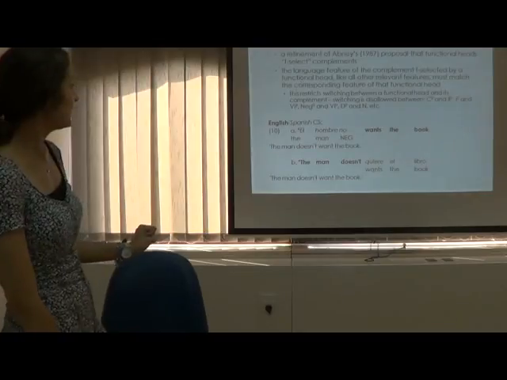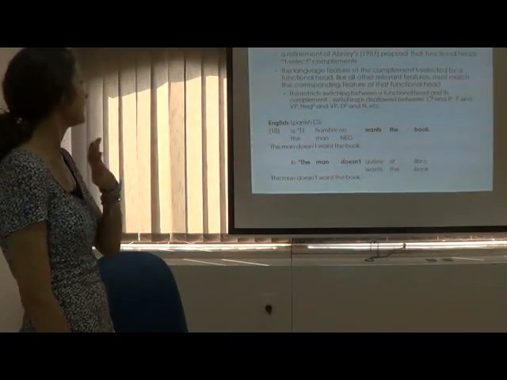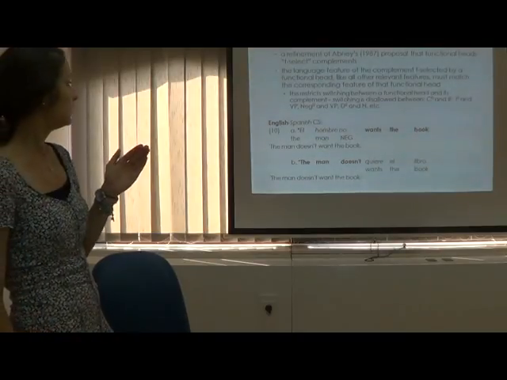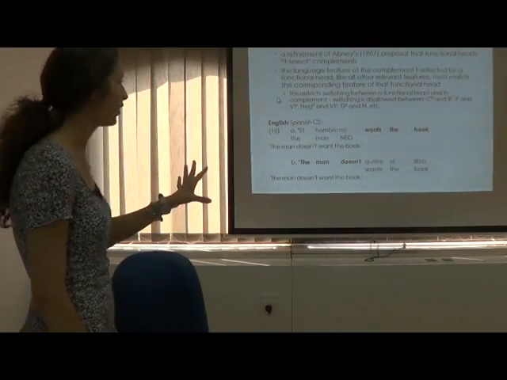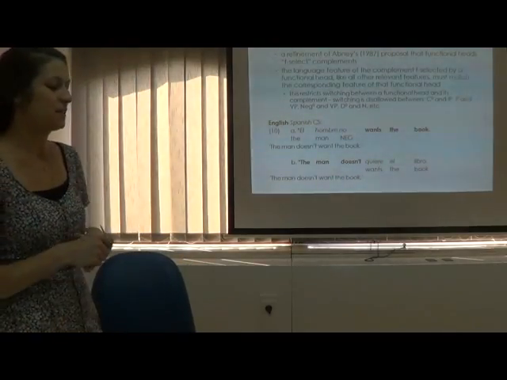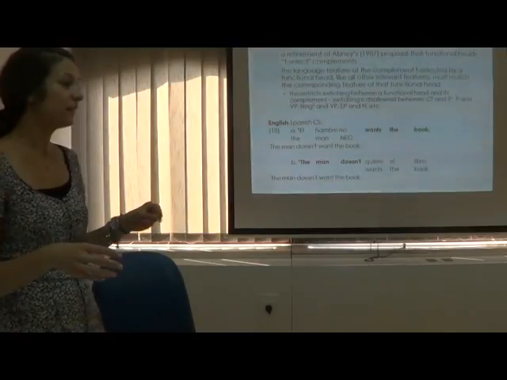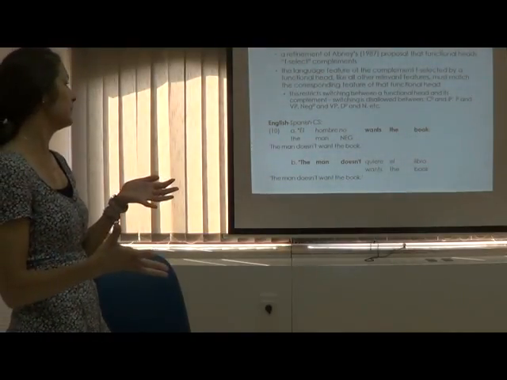Functional head constraint. It's a very complex constraint, but basically this is what's important. So this has also been proven wrong, but it basically doesn't allow code switching between a functional head and its complement.